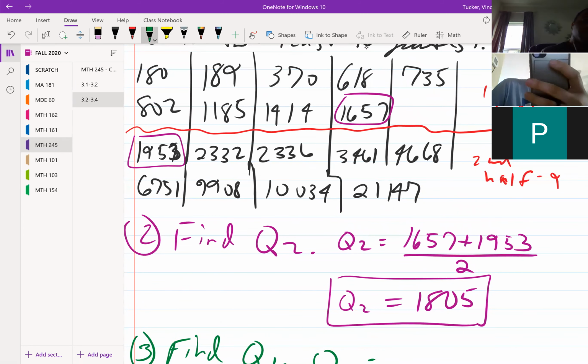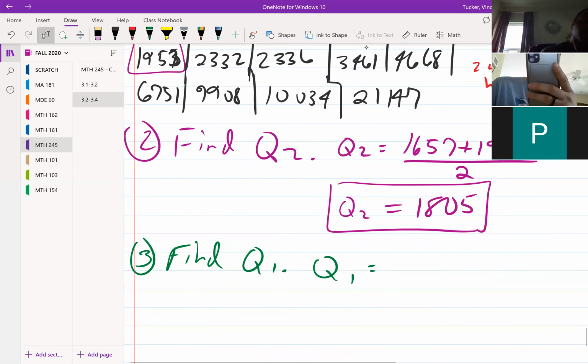That's why I split it up into first half and second half of data. I had 18 values, so I had 9 values in the top half and 9 in the bottom half. The middle value of my first half of data would be 735, because with 9 data values I do have a middle.